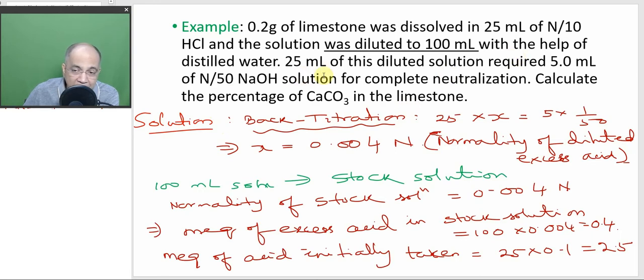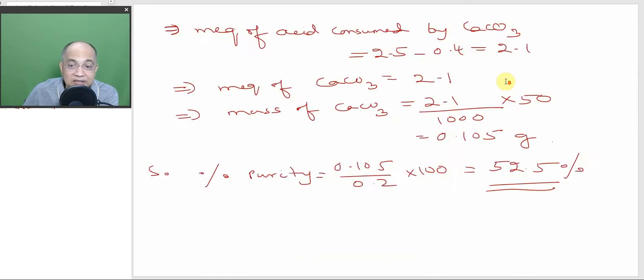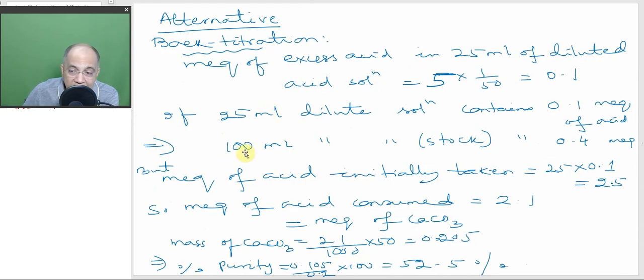If 25 ml contains this much excess acid, then how much excess acid does 100 ml contain? Same thing. Some students solve in this manner. You can do that. You adopt any technique that suits you, that strikes your mind first. Doesn't matter. If the logic is correct, then the way you solve is your prerogative, right?